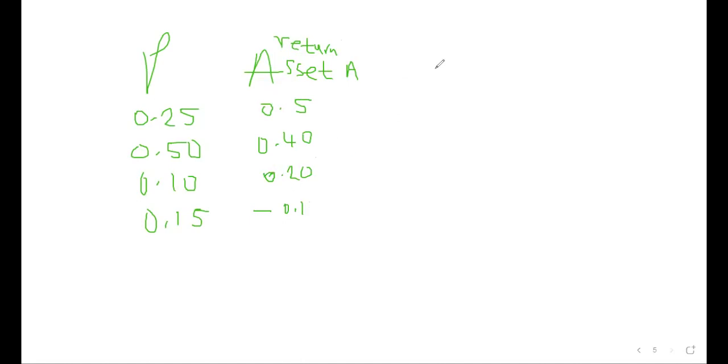Then asset B: we have the 0.7 return, then 0.5, then 0.1, negative 0.2.